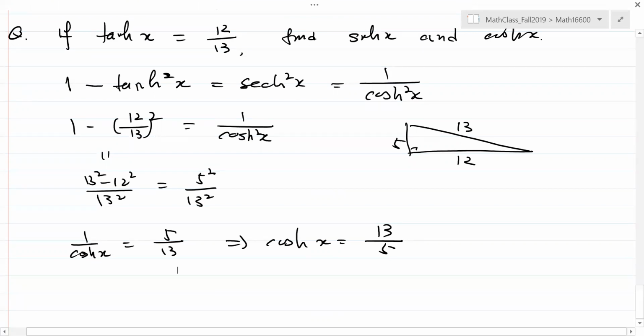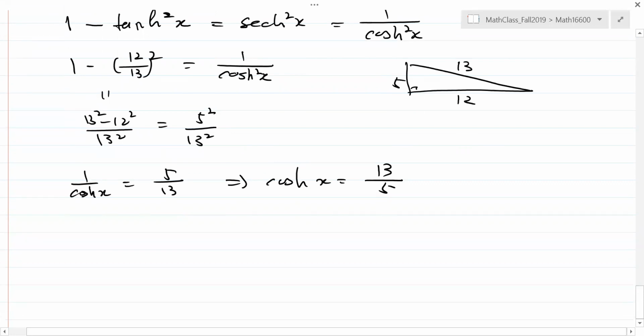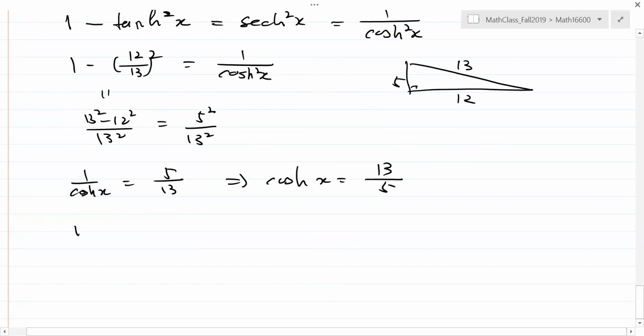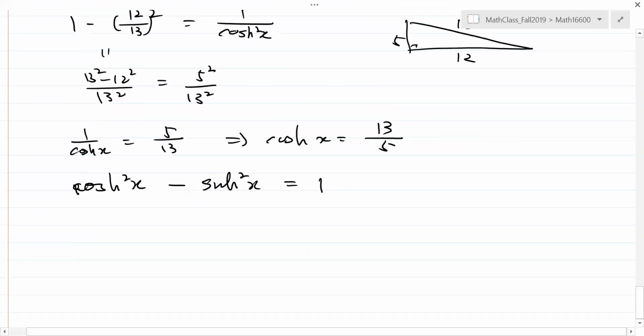And then you have another formula: hyperbolic cosine x squared minus hyperbolic sine x squared equals 1. Using this relationship, you can figure out hyperbolic sine x. So hyperbolic sine x squared is going to be cosine squared minus 1, which is 13 over 5 squared minus 1.